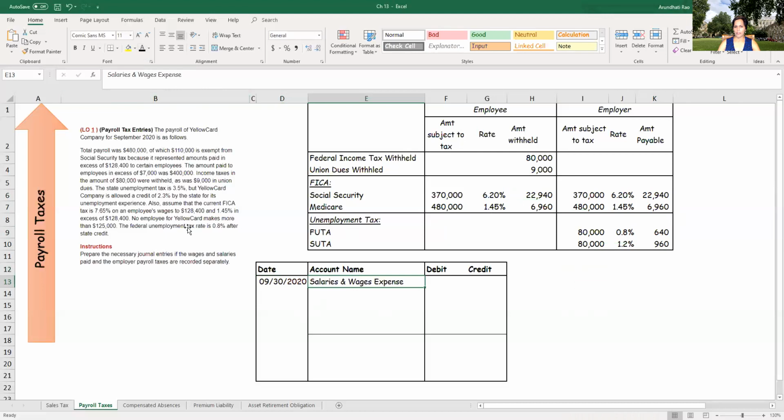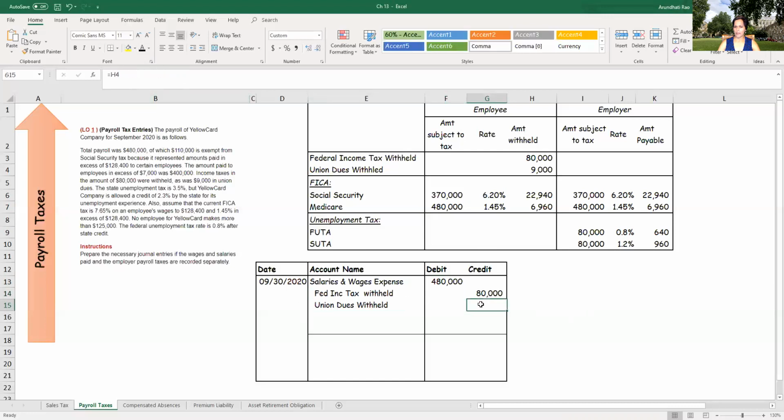Salaries and wages expense debit, we knew that amount. That was the very first number they gave us, the 480,000. Of this amount, we have withheld federal income tax, that's $80,000. I have withheld union dues for my employees based on what they asked me to, that's $9,000. I had to withhold FICA taxes, that's Social Security and Medicare.